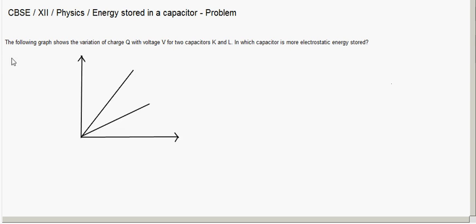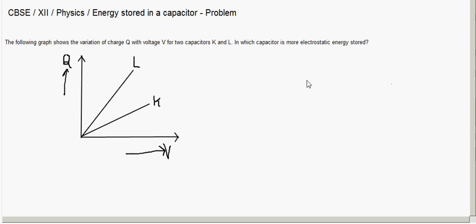This is Q, V. The Q versus V graph for two capacitors L and K are given.